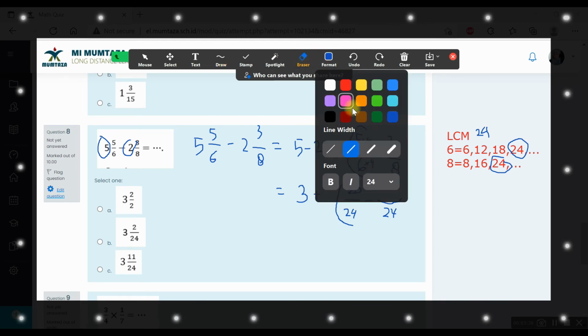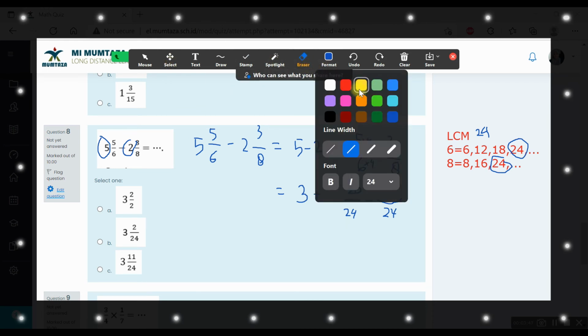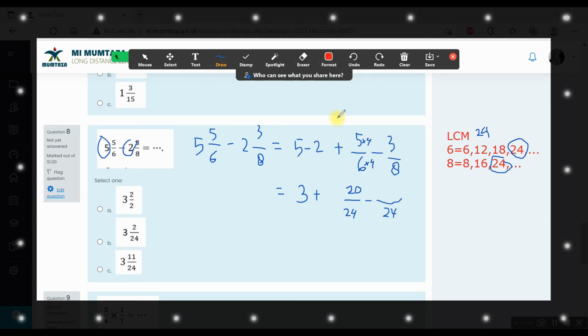Then the second fraction, 3/8, becomes something over 24. 8 times 3 becomes 24. So in the top we multiply by 3. 3 times 3 becomes 9. So we put number 9 here.